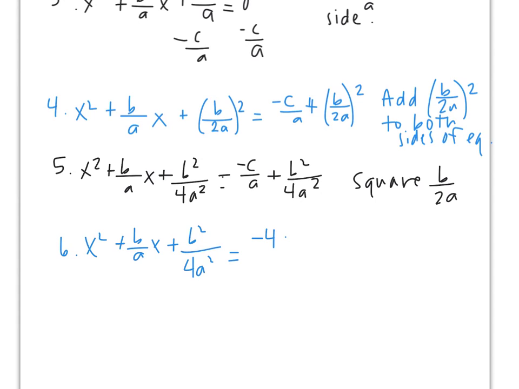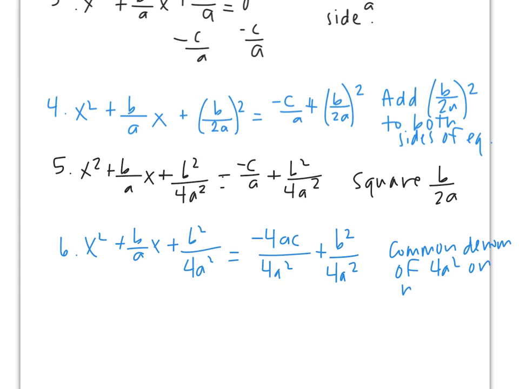So negative c times 4a is negative 4ac all over 4a squared, and then plus b squared all over 4a squared. So I just got a common denominator of 4a squared on the right side of the equation.